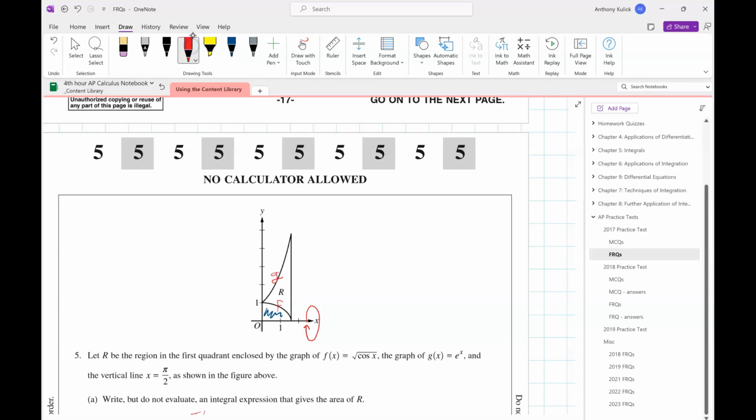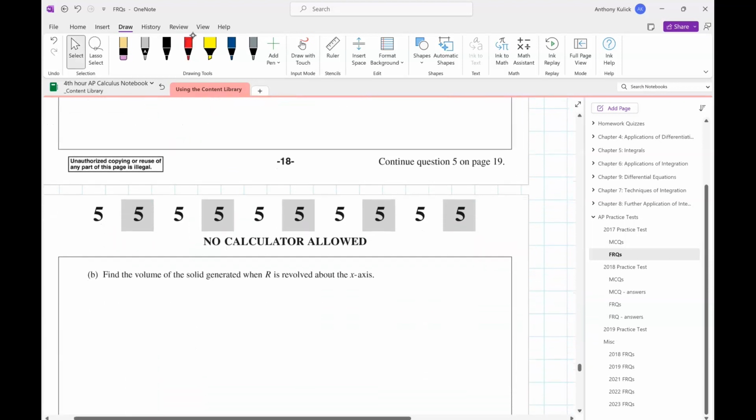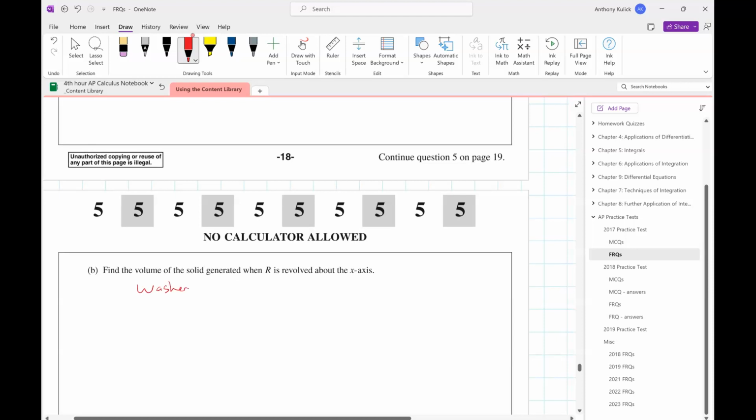Okay? Great. So what's the formula for washer? Good. So our volume then is, we'll do pi times the integral from what to what? Yes. And then the inside should be?